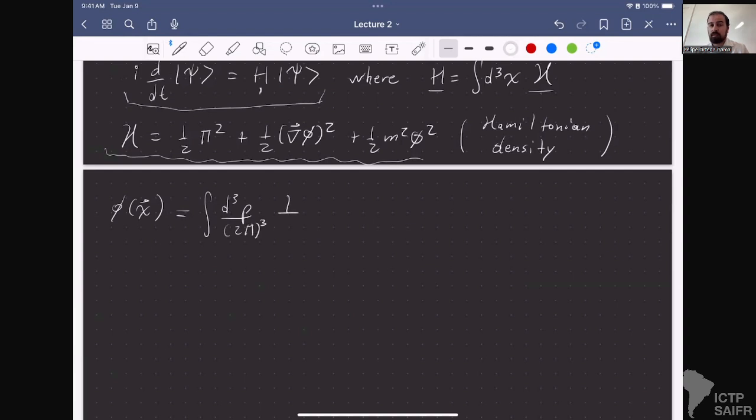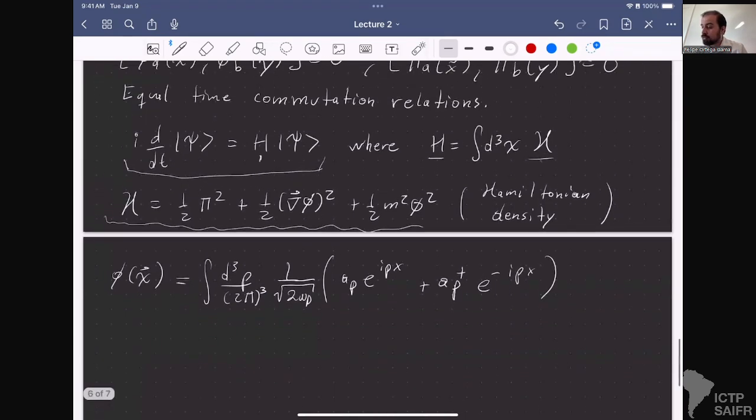The factors here are going to be conventional, but very similar to the factors in the harmonic oscillator case, since this is basically the extension of the harmonic oscillator to an infinite dimensional system.